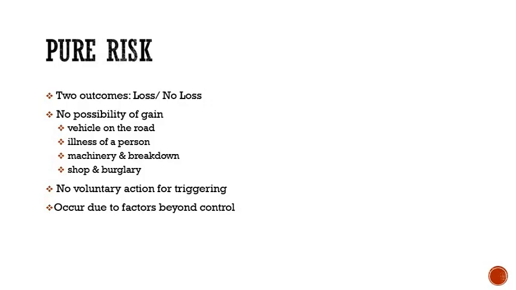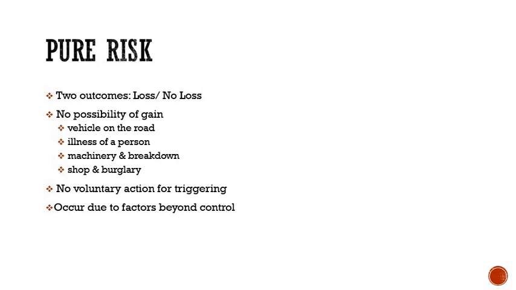A person could be fine throughout a year, in which case there is no loss, or he might get ill and be hospitalized. In that case, there is a loss. Likewise, a machinery could run properly or smoothly without any loss, or it could break down, causing loss. A shop could be safe without any problem and no loss, or could get burgled, in which case there is loss.